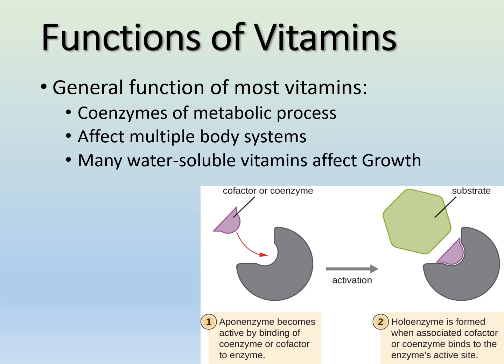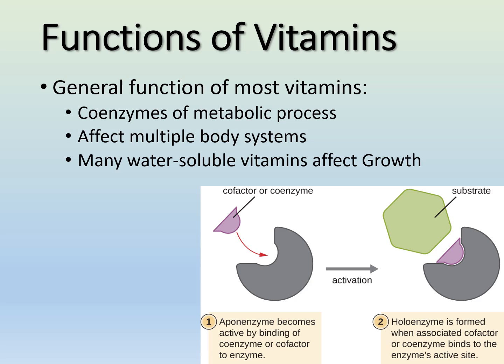Now that we know a little bit more about what enzymes are, because we talked about them in our protein lecture, we make enzymes out of proteins, and these speed up those chemical reactions in the body that are very important for our metabolism. But some of these enzymes don't function either correctly or as well without something called a cofactor or coenzyme. And these vitamins can act as that coenzyme.